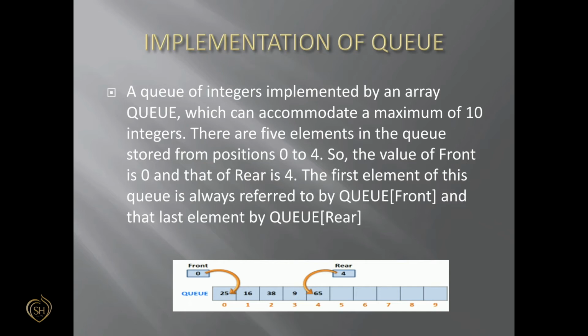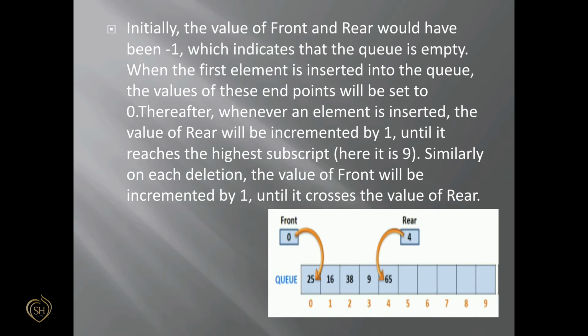Initially the value of front and rear is -1. Why are we using -1? Again the same thing we studied in stack: to show that it is an empty queue.